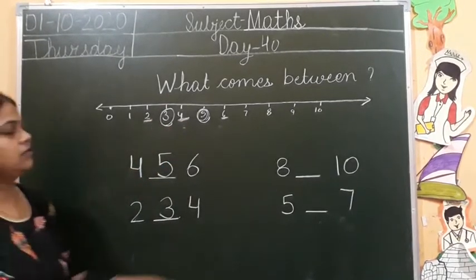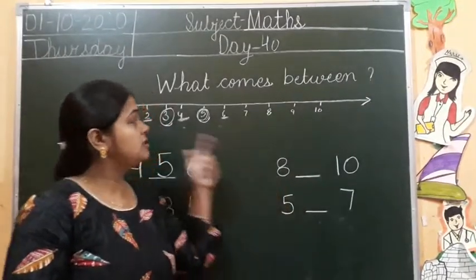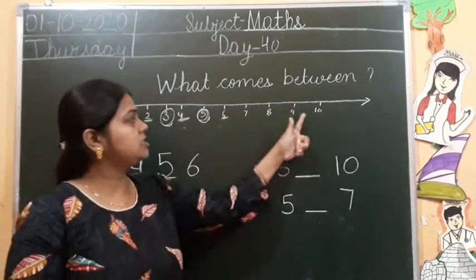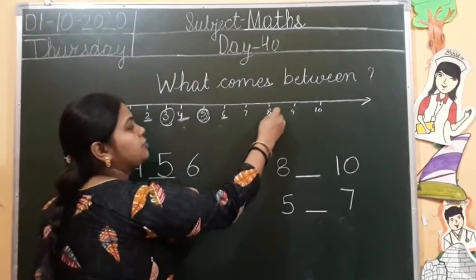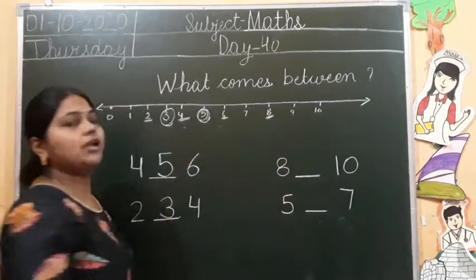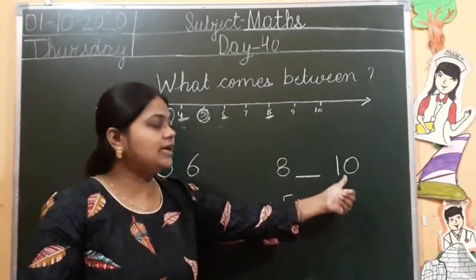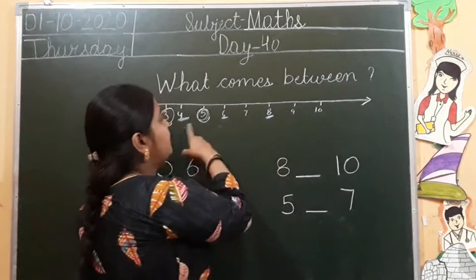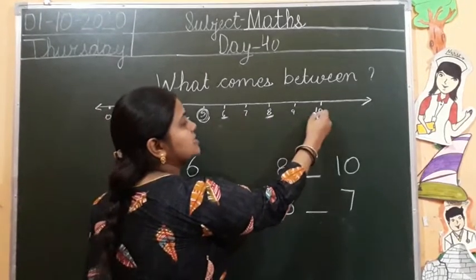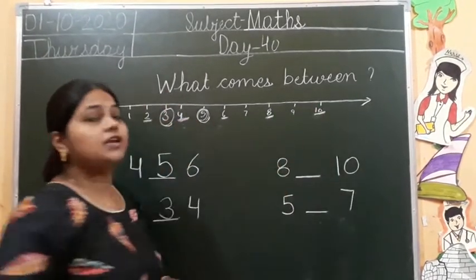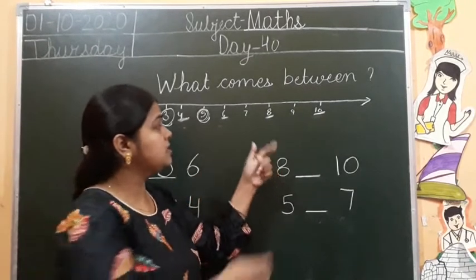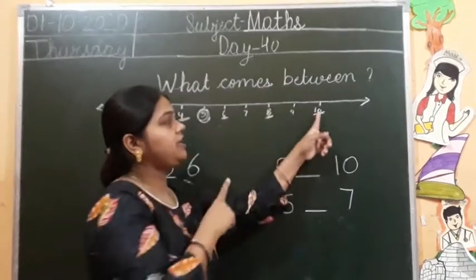Okay. Now come to this side. Number 8. Find out where is number 8. This is number 8. I am going to put a small line below 8. This is number 10. Find out where is 10. This is number 10. So now find out which number comes between 8 and 10.